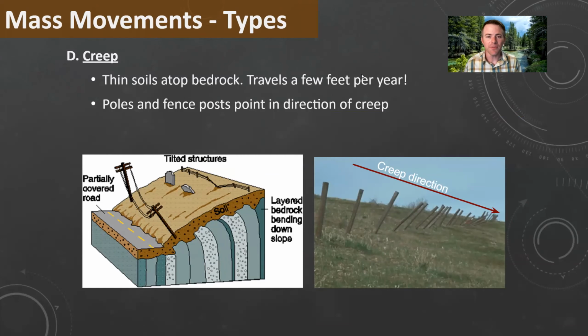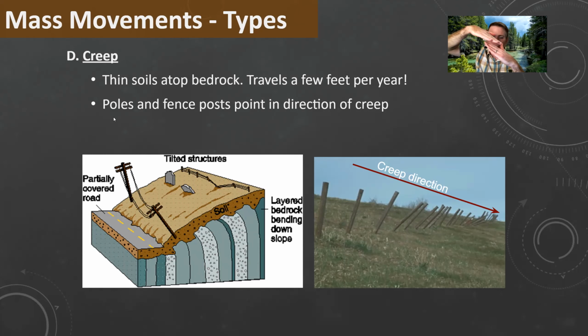And then I don't know if you've ever driven in the foothills, you've seen fence posts or telephone posts that are leaning over. That's because of a type of mass movement called creep. Basically, you have a really thin layer of topsoil on the top, and it slides ever so slowly, a millimeter or two a year, maybe a few feet a year at the most.